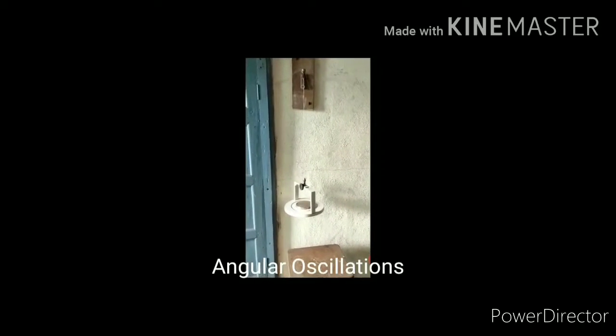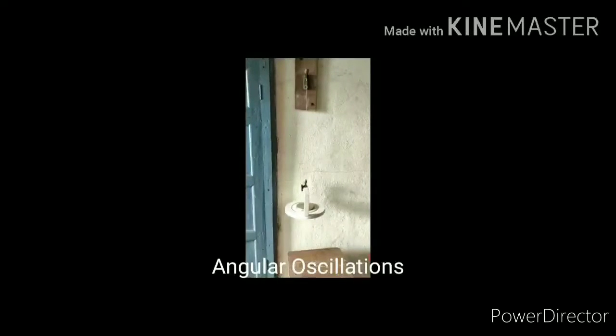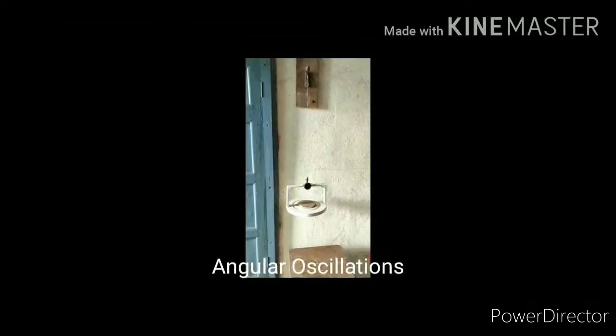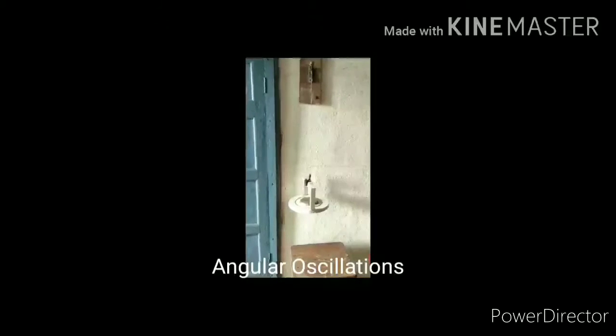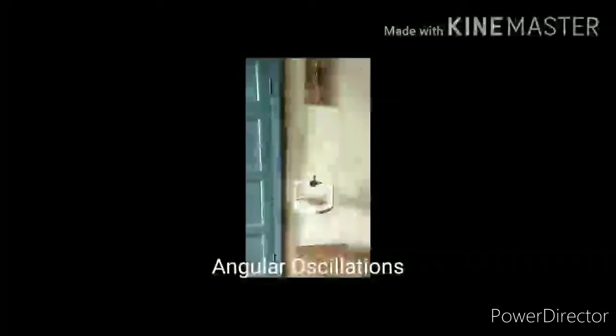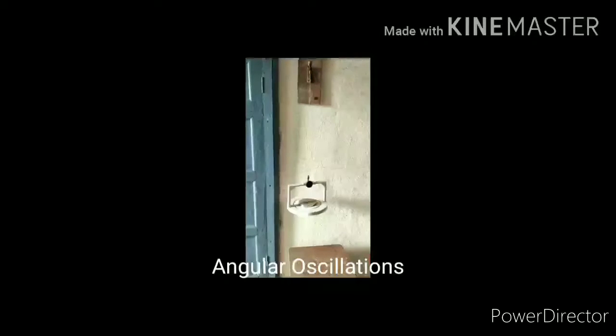Let us observe oscillations of a disc. In the experimental setup, a metallic disc is suspended by means of a thin wire from a rigid support. If the disc is twisted about the axis along the wire and then released, then it performs rotational motion, which is partly in clockwise and anti-clockwise sense.